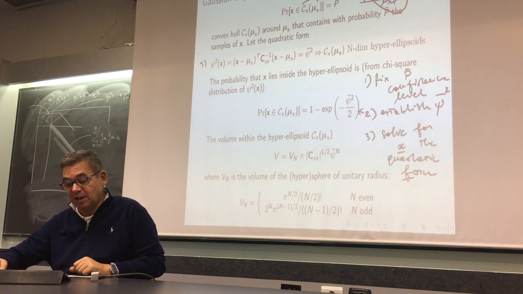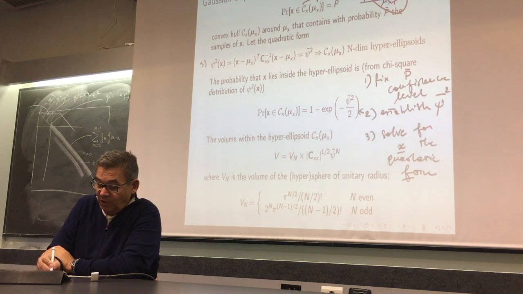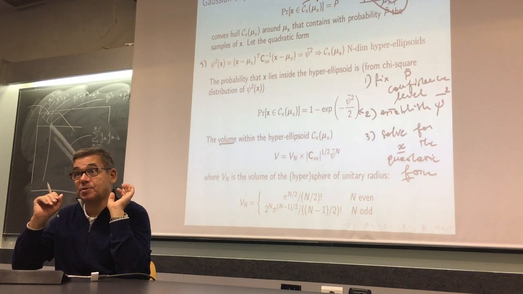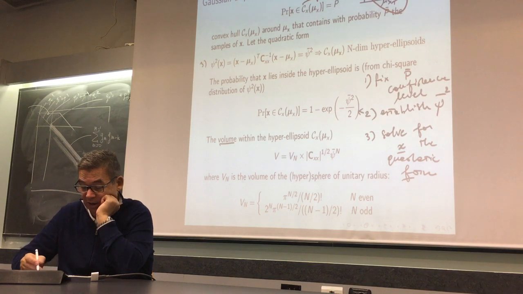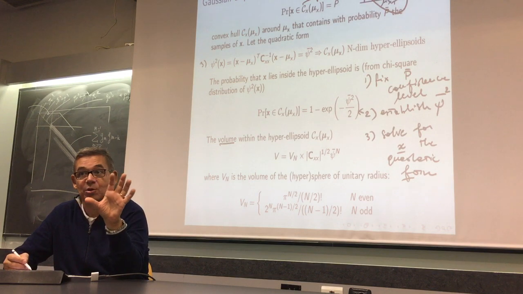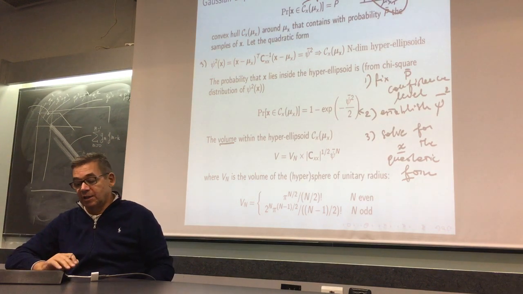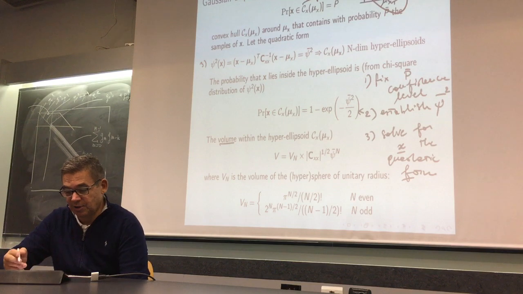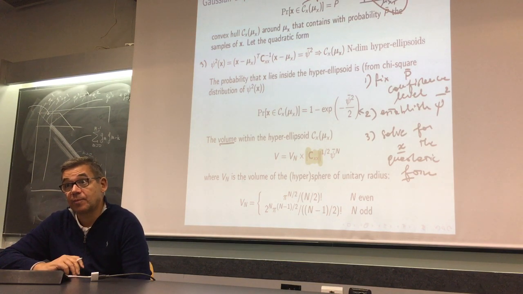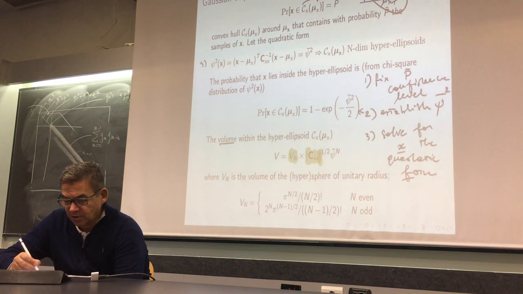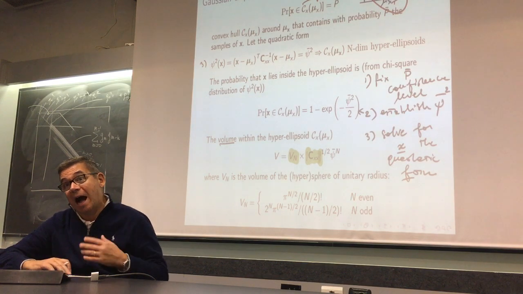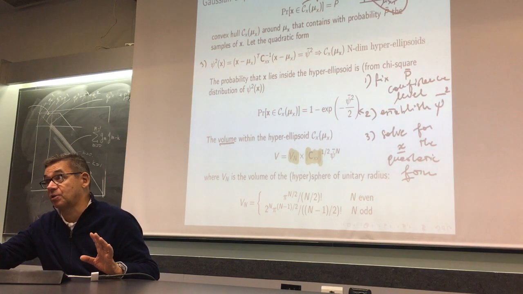Sometimes it's important to get the volume of this hyperellipsoid. Once I fix psi, the volume is given by a certain formula. Don't try to remember it by memory. Importantly, it depends on the determinant of CXX, and on another factor: the volume of the hypersphere with unit radius.